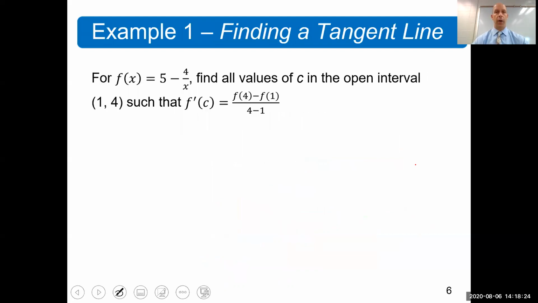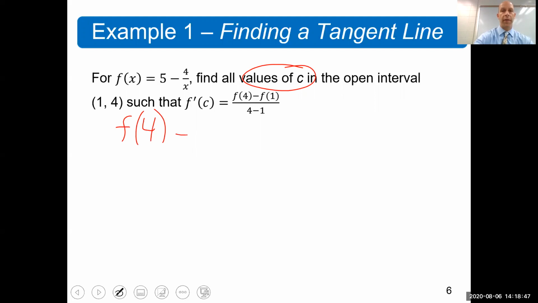Let's look at our example, and I'm only going to do one example of the mean value theorem. We've got our function f of x, and we're asked to find all values of c on the open interval from 1 to 3 where f prime of c is equal to f of 4 minus f of 1 over 4 minus 1. The first thing you need to do is figure out what f of 4 is.